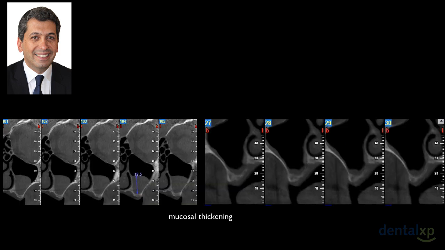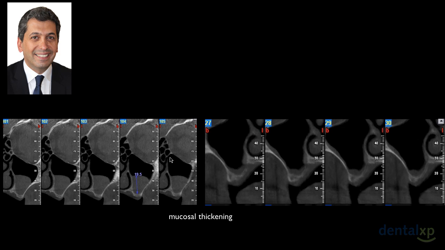We have the problem related to mucosal thickening, and you see on the left a dramatic thickening of the membrane, I would say. I had in this case 19.5 millimeters of membrane thickening. Even though I got the ENT clearance for grafting this sinus, because this thickening was due to an old infection and it's no longer infected today, if we try to elevate such a membrane to place another 20 millimeters of bone graft beneath it, we will end up closing the whole sinus and closing the ostium that you can see here.